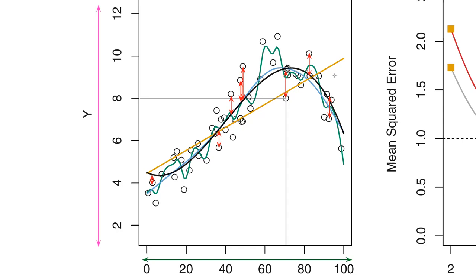If you can see my cursor, the error term over here for this data point looks as close as it gets to zero, or else it could be quite pronounced. For instance, this one. And each red arrow, the length of each red arrow, has a probability associated with it. That's the information that the error term contains.